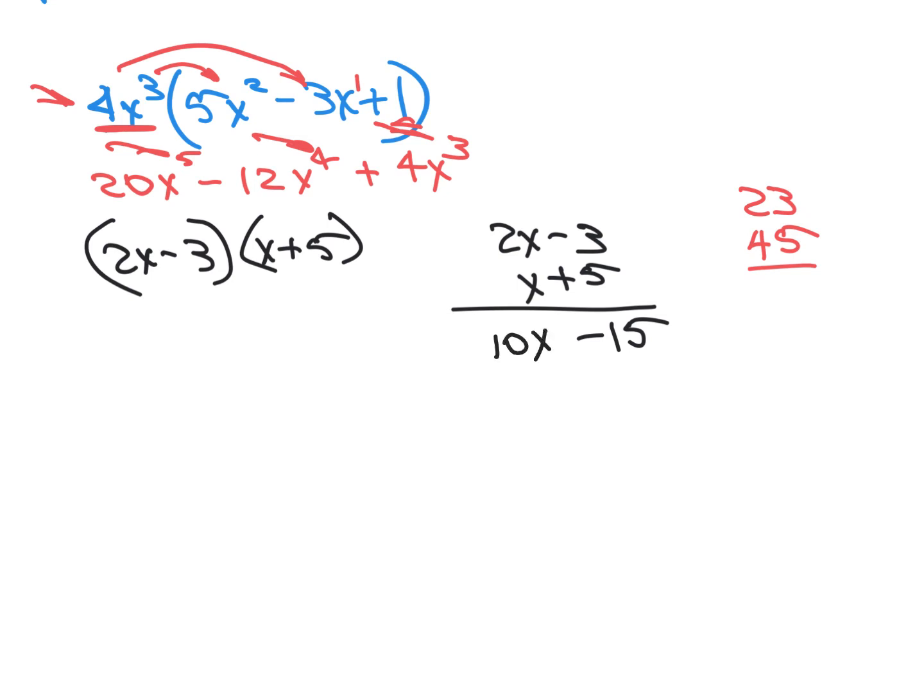The next step is you multiply these two. We're going to multiply negative 3 times x, and put it in the next row down, one place over.